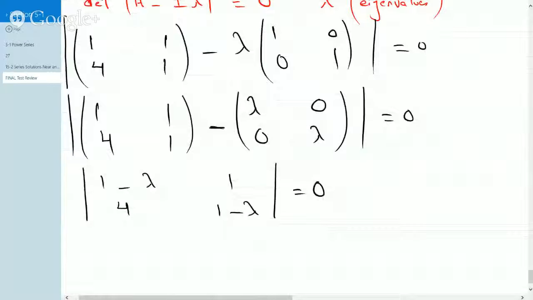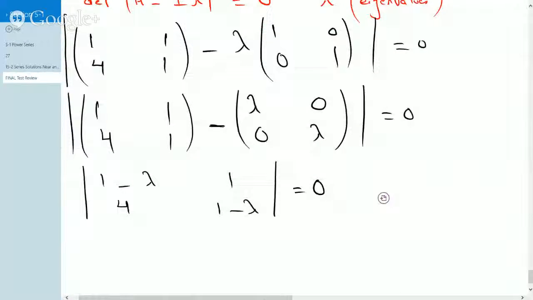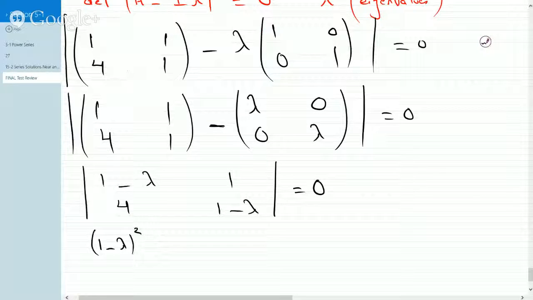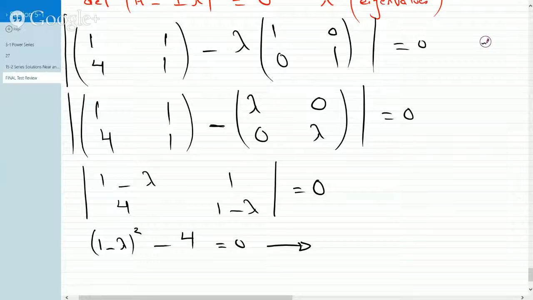Now you remember how to take the determinants, yeah? So the determinant is we crisscross. So the determinant will be 1 minus lambda squared, because it's 1 minus lambda times 1 minus lambda, minus 4 equals 0. So we don't have to FOIL this. We can just solve it as is. 1 minus lambda is equal to plus or minus 2.